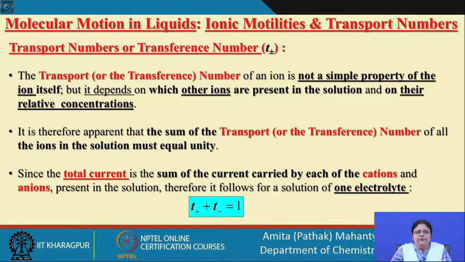So, to simplify, we have taken only one type of electrolyte where we have one type of cation and only one type of anion generated when in solution.